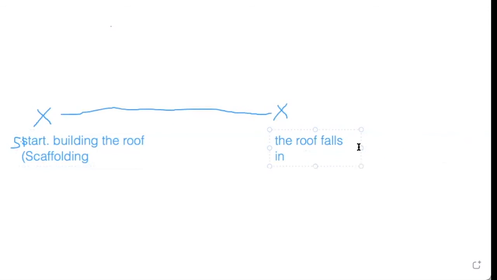So they're not able to keep going with this action. It's interrupted in the middle. So maybe they wanted to finish here, but they can't because this action in the past interrupted this action. They stopped doing it because the roof fell down, because the interruption happened. Exactly.